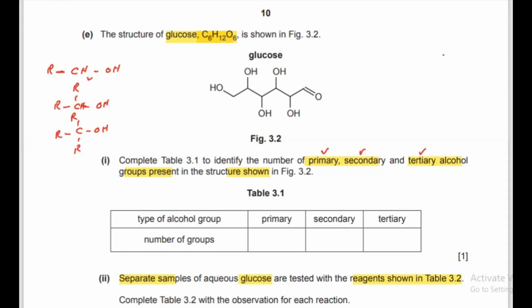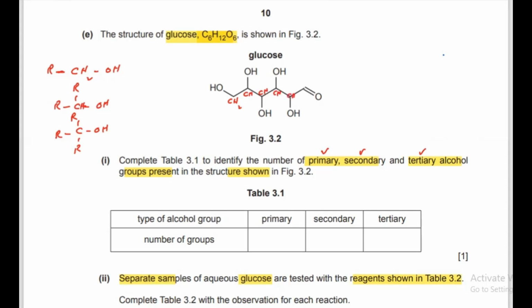If we look at this OH, this is CH2OH, which is the primary alcohol. Then this carbon is attached to 2 carbons, so this is CHOH, which is a secondary alcohol. Then this is CHOH, also a secondary alcohol. This is CHOH, also a secondary alcohol.